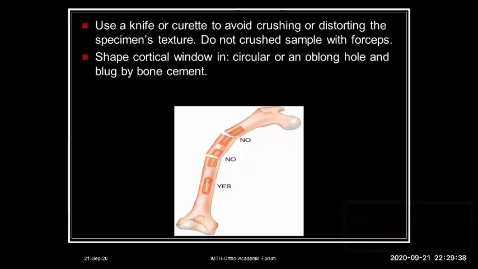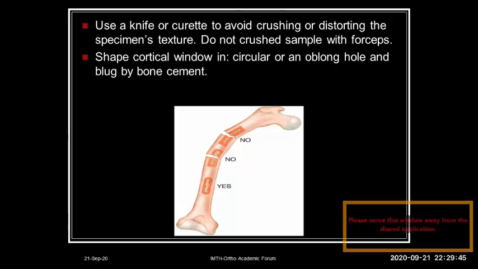And this is actually, by the way, very important, because sometimes surgeons take a nice biopsy, but they destroy the architecture before it goes to the lab by taking that biopsy with sharp instruments like tissue forceps.